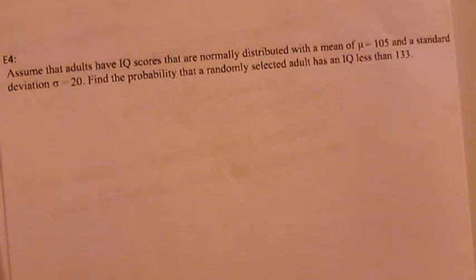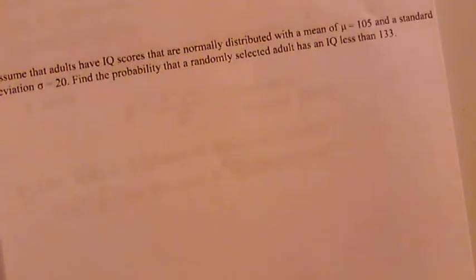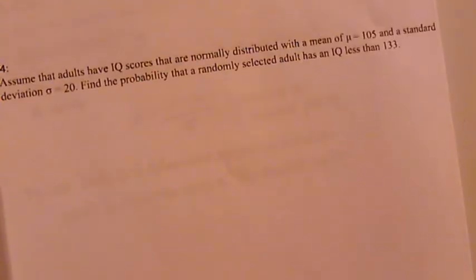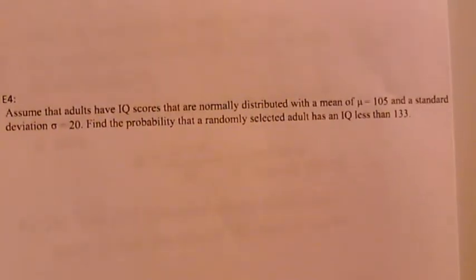Find the probability that a randomly selected adult has an IQ less than 133. Okay, so here we want to find the probability that an adult randomly selected has an IQ less than 133.